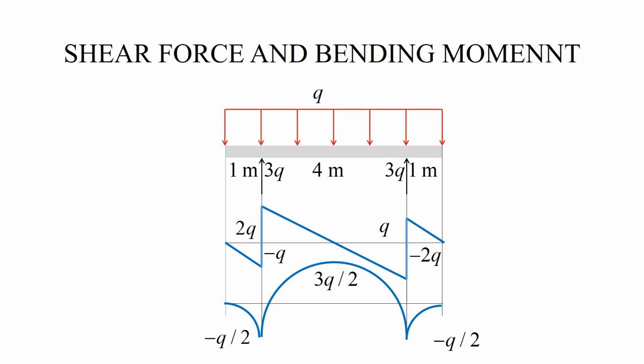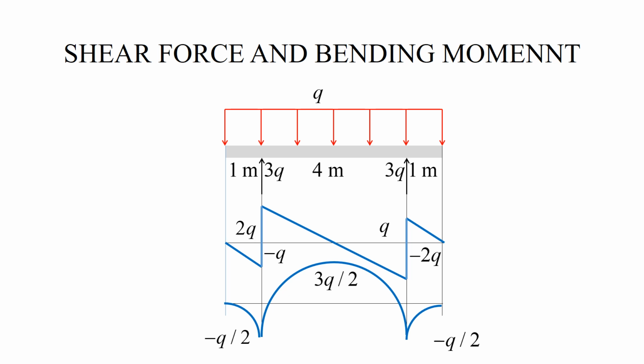Next, I can use the free body diagram to construct shear force and bending moment diagrams. These diagrams are shown here, and I encourage you to construct them on your own.